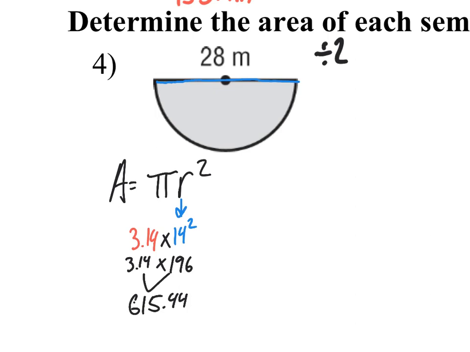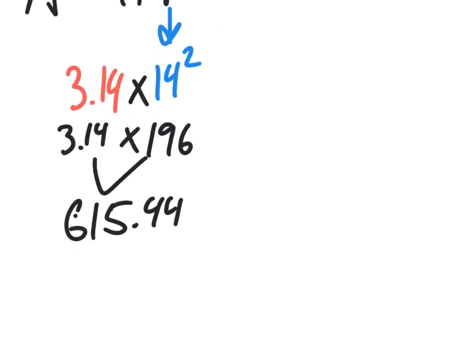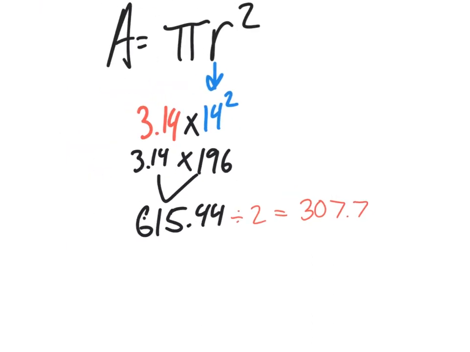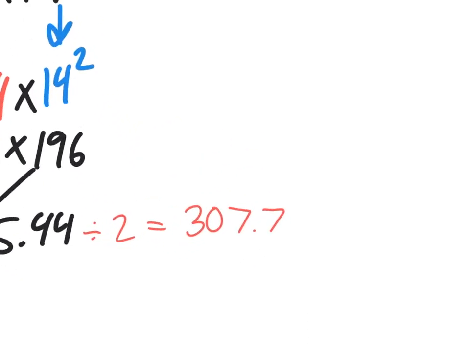Now, because this is a semicircle, it's only half of the circle, I have to divide my final answer by 2. And I get 307.7. Technically 307.72, but rounding to the nearest tenth. And I already forgot what our units were. Meters. So this is going to be meters squared.